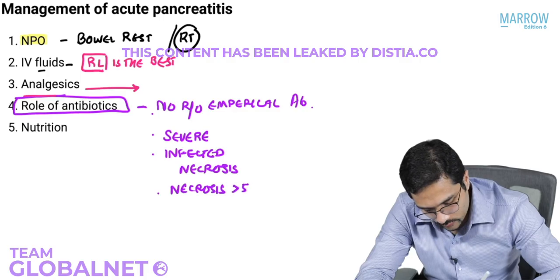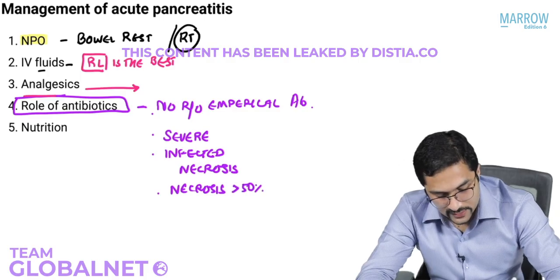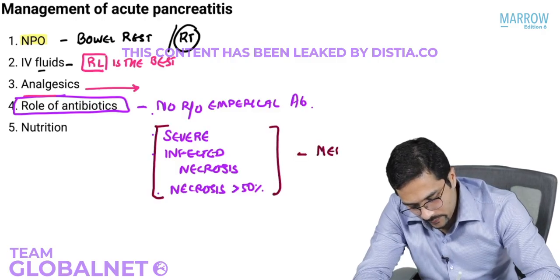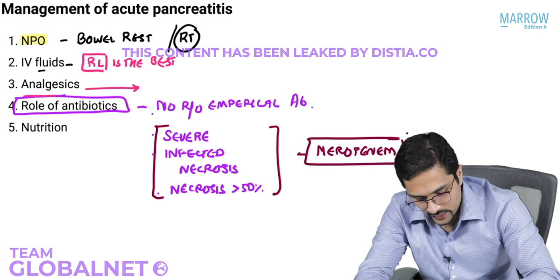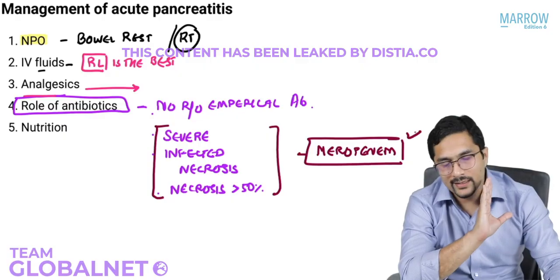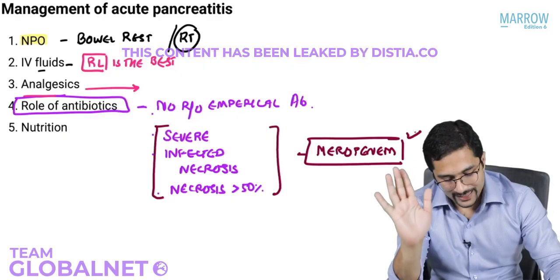These are the patients who are going to benefit from antibiotics, and the antibiotic of choice is meropenem. Imipenem or meropenem is the antibiotic of choice. This has also been asked in one of the exams. But in other patients with mild to moderate pancreatitis, there is no role of antibiotics.